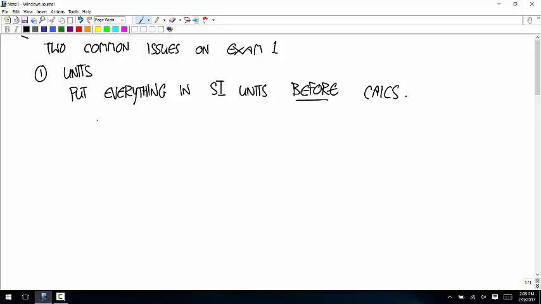Remember that mega means times 10 to the 6, and giga means times 10 to the 9th. So if you see like 7 megapascals, that means 7 times 10 to the 6 pascals. And so it's easy to go into SI units.